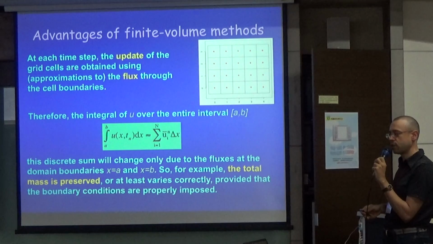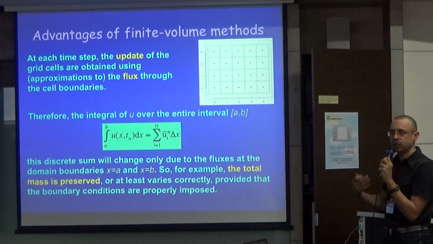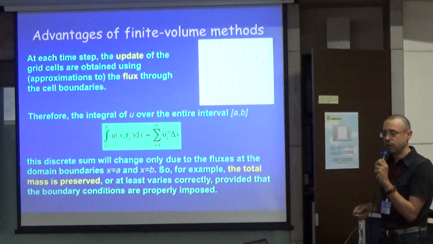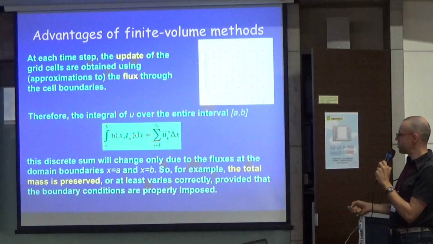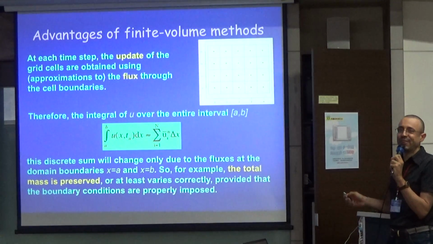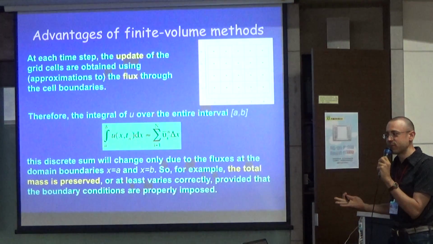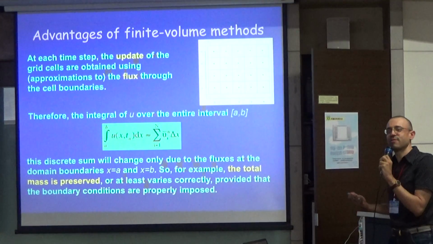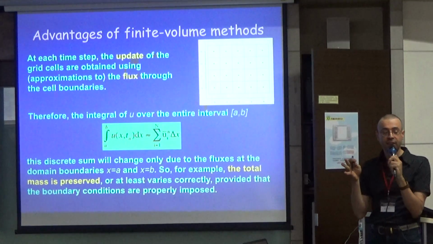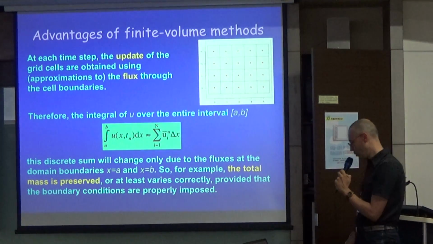If there is some source from outside, then mass is not conserved, but it changes, increases or decreases physically according to the external input. Okay? This is very important. If mass is not preserved, then your code is not doing well. Okay? The neutron star loses mass just because of numerical reasons. That's something new. We didn't have this type of constraint in vacuum simulations.